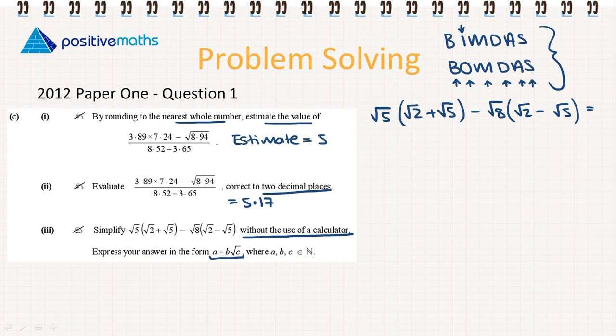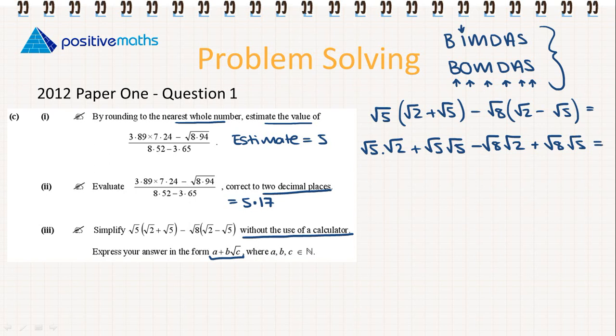Okay, so we need to multiply in to get rid of our brackets first. So with the square root of 5 by the square root of 2 first of all, plus the square root of 5 by the square root of 5, minus the square root of 8 by the square root of 2, minus the square root of 8 by the square root of 5.